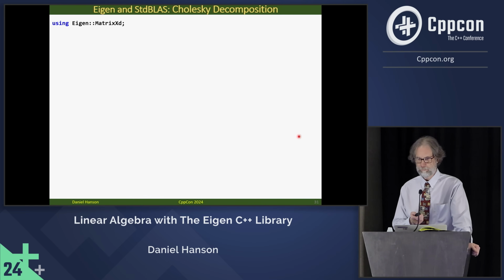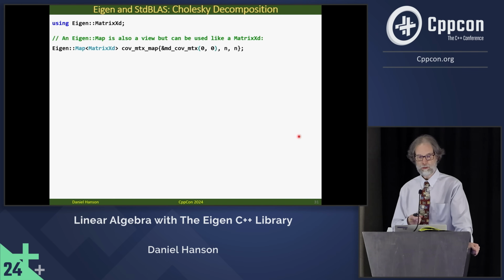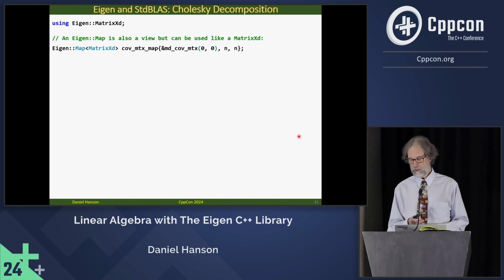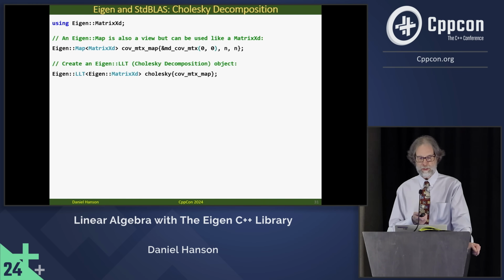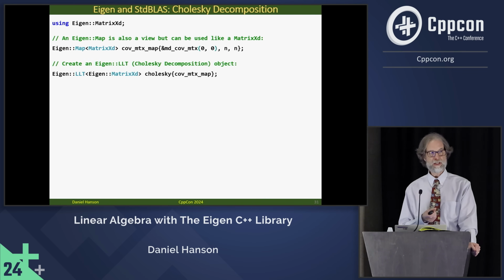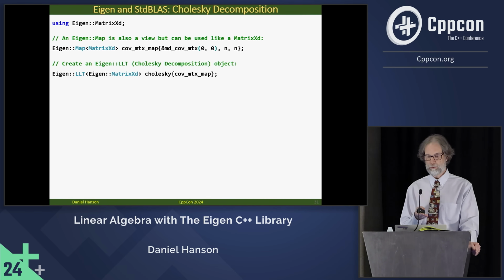Okay, so we create an Eigen Map. We give it the address of the covariance matrix mdspan, and it has n rows and n columns. Now again, about 98% of the work is done here. All we need to do now is create an LLT object, and we'll call it cholesky, and it takes in the Eigen covariance matrix map.